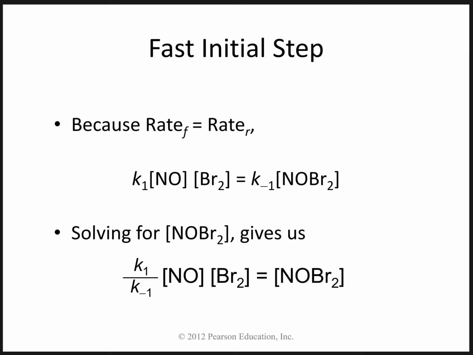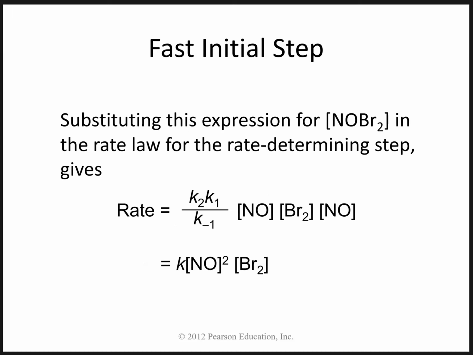We can then solve for the concentration of NOBr2 in terms of the original reactants, nitrogen monoxide and bromine, and then substitute it into our rate law from the second step, giving us that the rate of the reaction is equal to the rate constant k, nitrogen monoxide squared, times bromine.